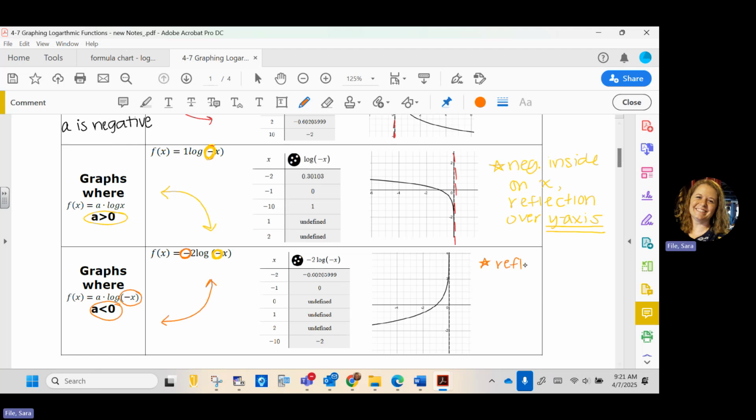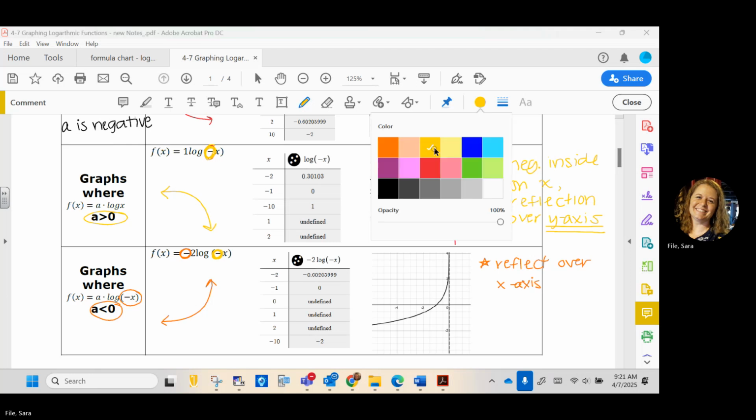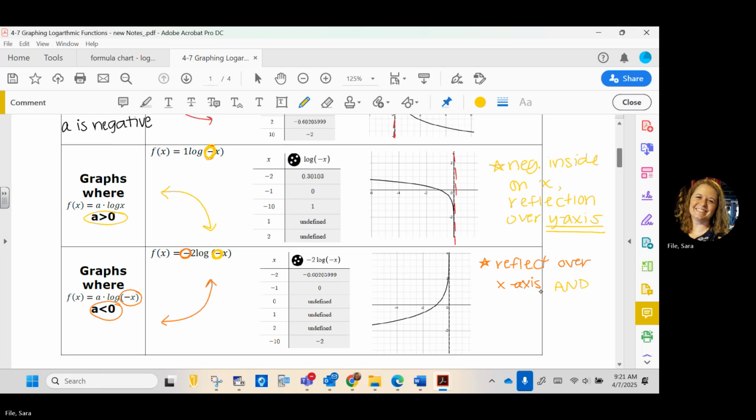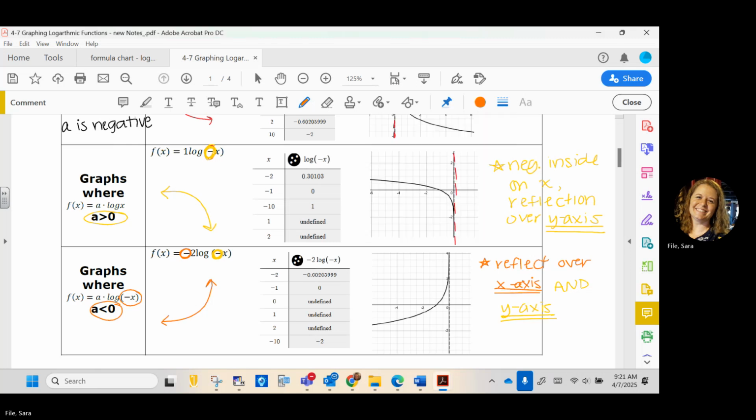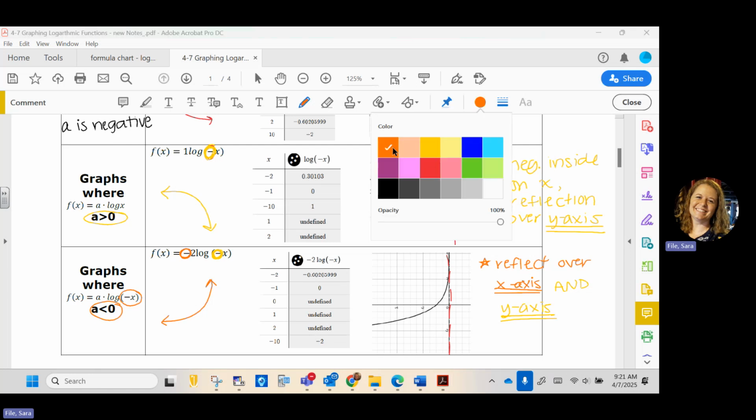It's going to reflect over the X-axis and Y-axis. Okay, so it ends up on the left side of the asymptote because of the reflection over the Y, and then it ends up increasing on that side.